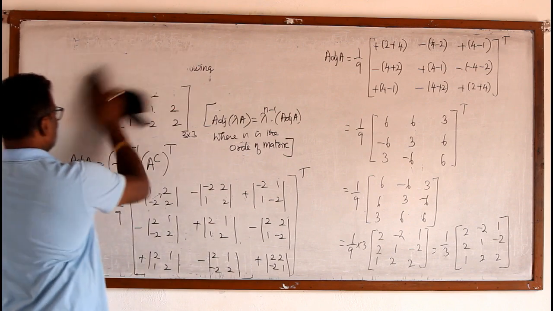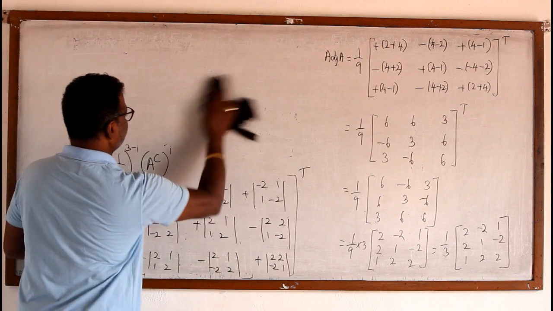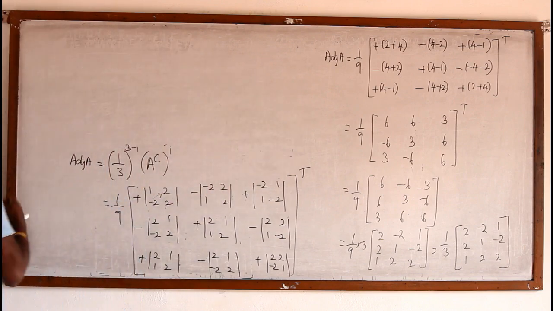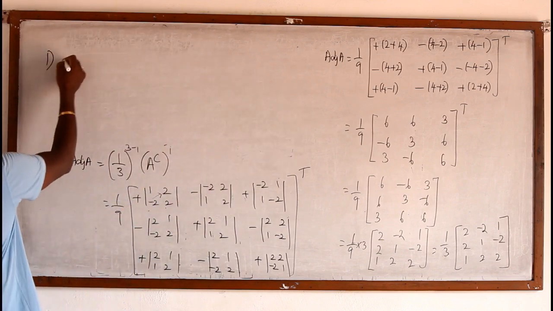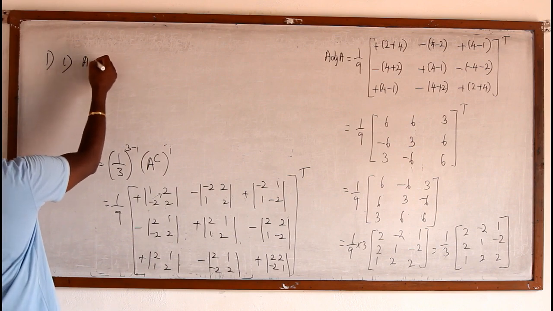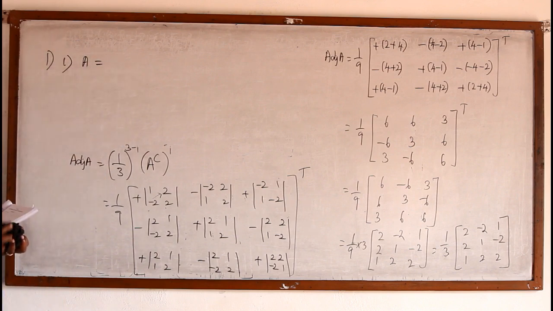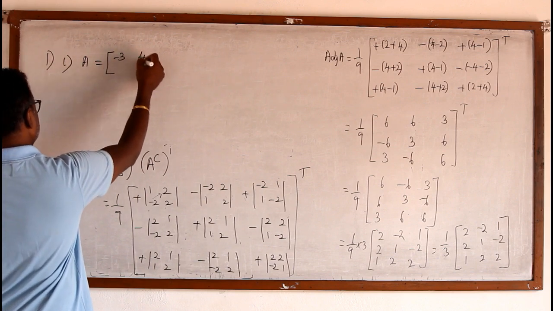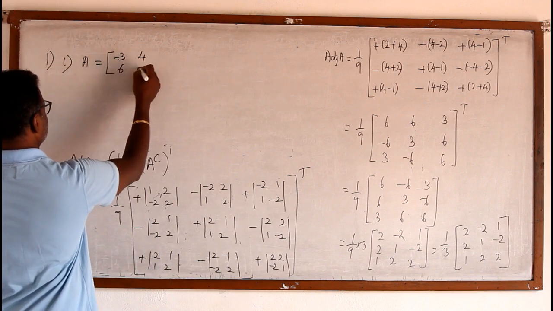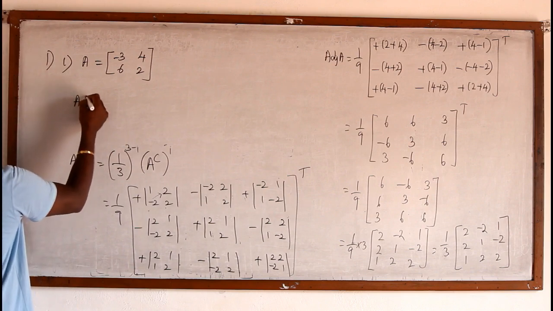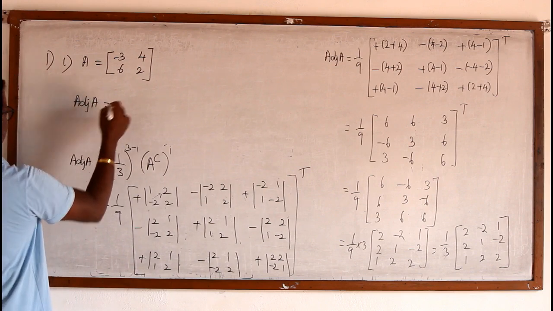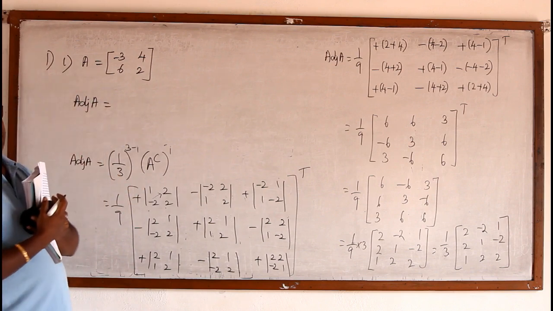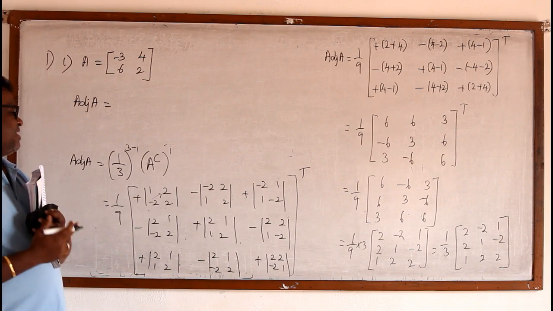Suppose it is a 2 cross 2 matrix, how do we find the adjoint? We are not going to study anything new; in one step we can write the adjoint. Take this one at the end: minus 3, 4, 6, 2. The easiest method is adjoint of A equals, no need to find any cofactor matrix, no need to transpose anything.